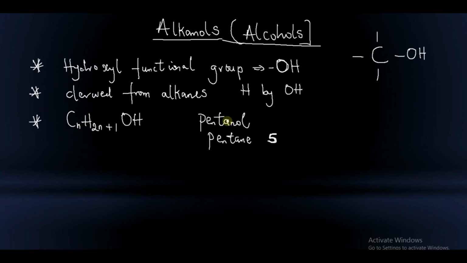So if I want to get the formula for pentanol, since it is the fifth member, all the n here will now be 5. My Cn becomes C5, and H2n+1 becomes H, 2 times 5 is 10, plus 1 is 11, so H11 OH.